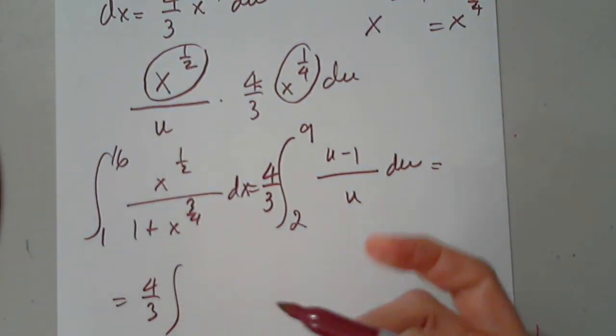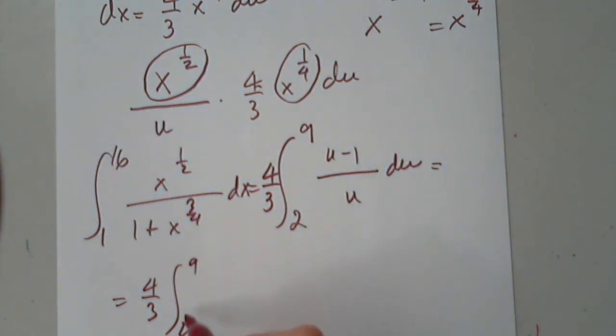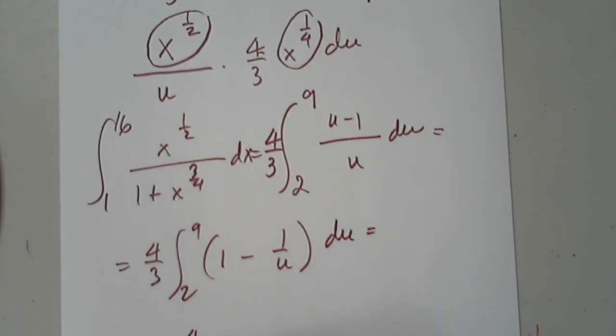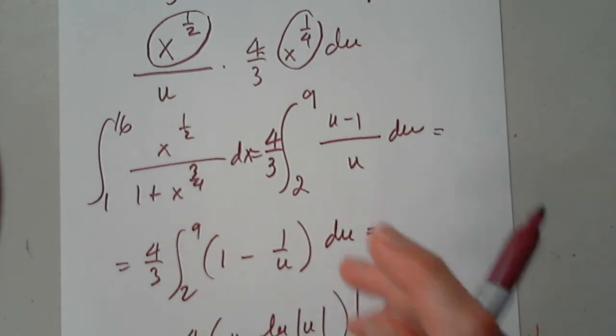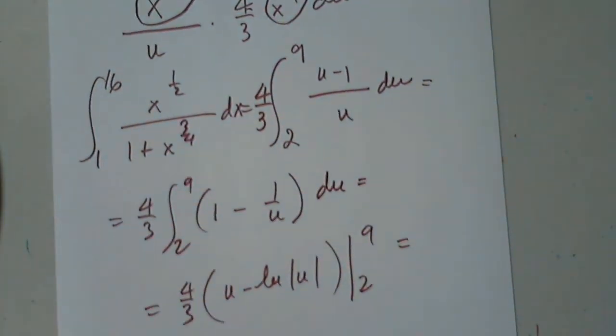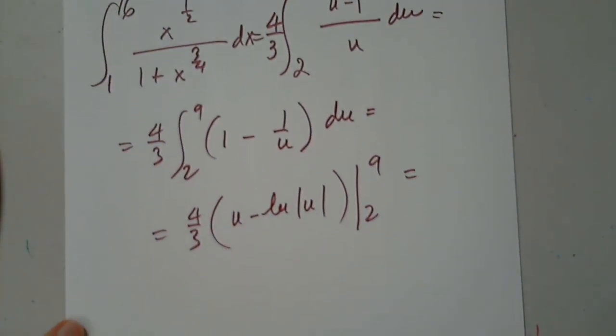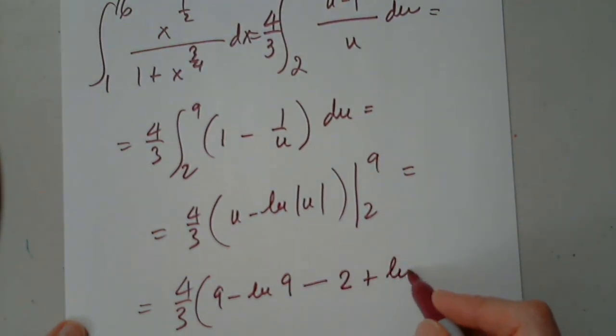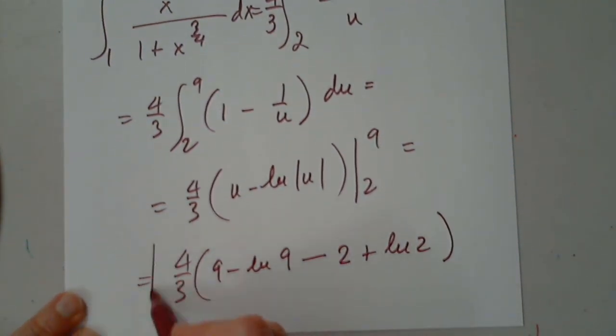So I have the integral from 2 to 9 of u over u, which is 1, minus 1 over u du. So this is 4/3 times u minus natural log of absolute value of u, from 2 to 9. So I plug in 9. So I have 9 minus natural log 9 minus, careful, we have to distribute to both, 2 and plus natural log 2. And this is it.